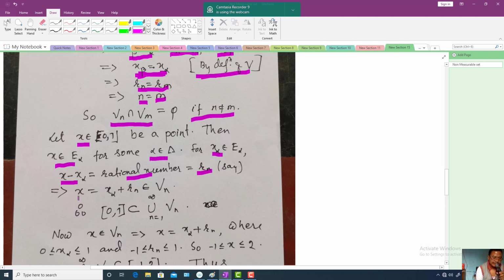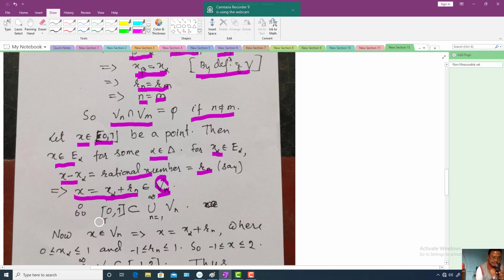All right, so from here what do you get? x is equal to x alpha plus Rn, but x alpha plus Rn is a member of Vn. By our construction of Vn, x alpha from V plus Rn, a rational number, is a member of Vn. So whenever you take one arbitrary point x from this closed interval 0, 1, that point is also a member of some Vn.